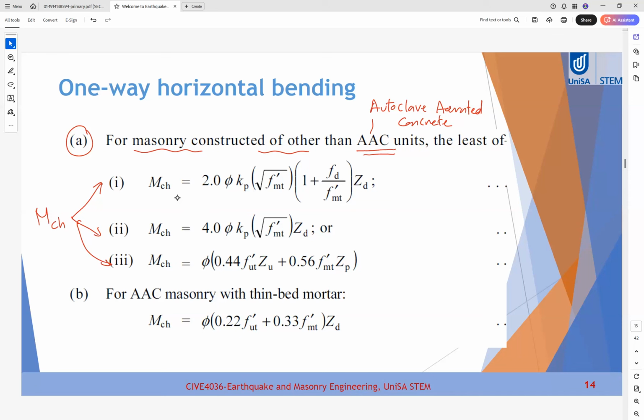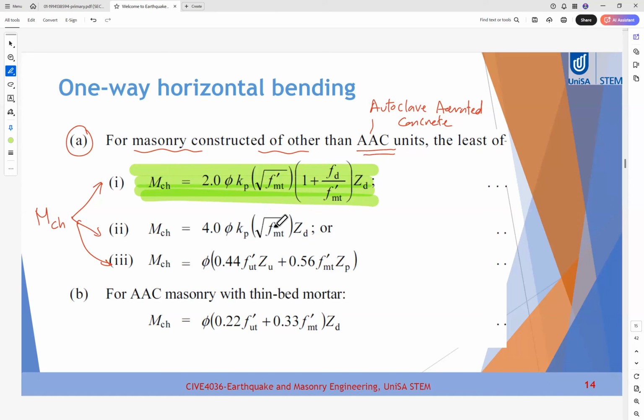The first value is MCH equal to 2 times phi times KB times root FMT dash times 1 plus FD over FMT dash times ZD.